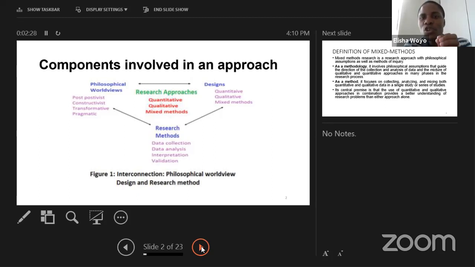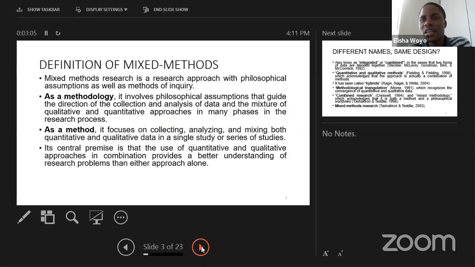And in each approach or design, there are specific designs that are suitable and appropriate for quantitative, for qualitative, and mixed method. And then on the other side of the triangle, there are issues of methods, where we are talking about what is your method of data collection, what is your method of analysis, what is your method of selection, and many other issues. And these aspects are actually interconnected. And as a researcher, you need to understand that.